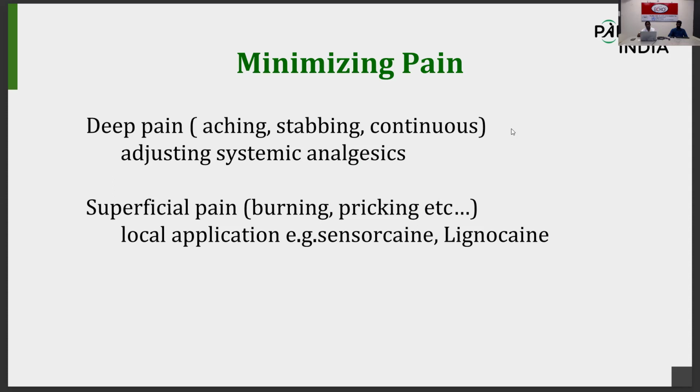In that situation, if we have injection bupivacaine 0.5% with us, we take 3 ml of bupivacaine and mix it with normal saline in a 10 cc syringe, and we can apply it locally. That's how we manage superficial pains. If it is 0.25%, we can take twice the amount. If we take 3 ml of 0.5%, then for 0.25% we take 6 ml. Like that, we are minimizing pain.